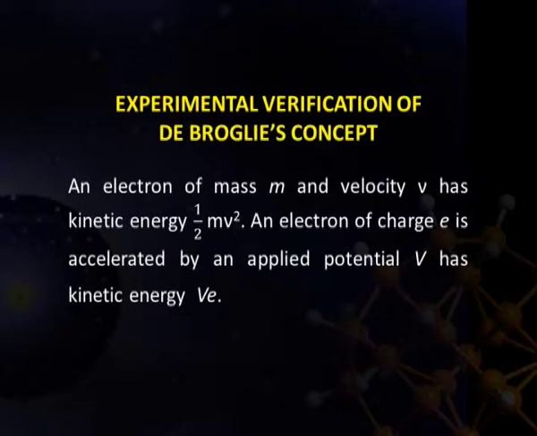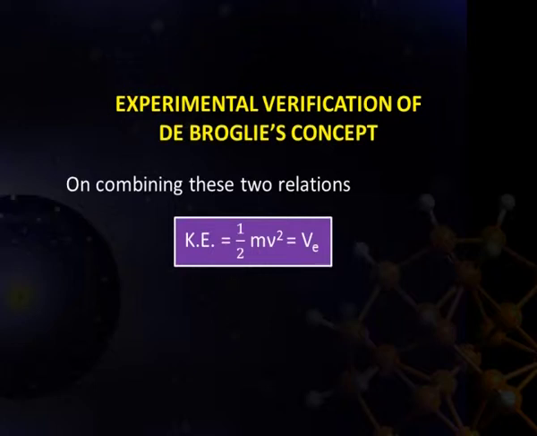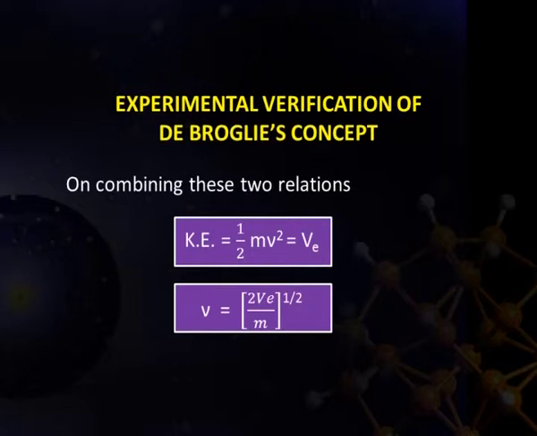An electron of mass m and velocity v has kinetic energy half mv². An electron of charge e accelerated by an applied potential V has kinetic energy Ve. On combining these two relations, kinetic energy = half mv² = Ve, or v = (2Ve/m)^(1/2).